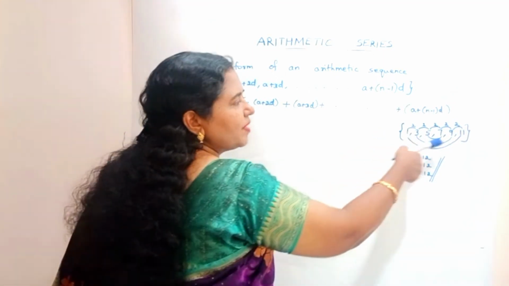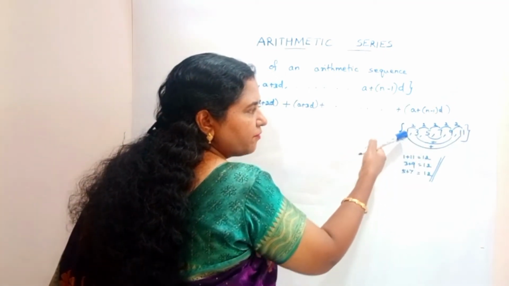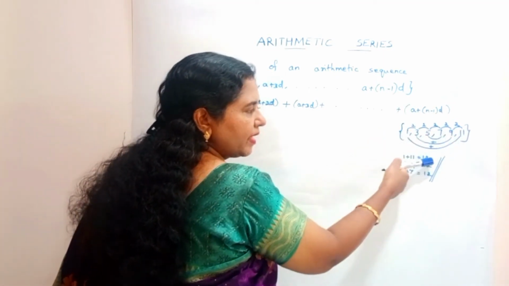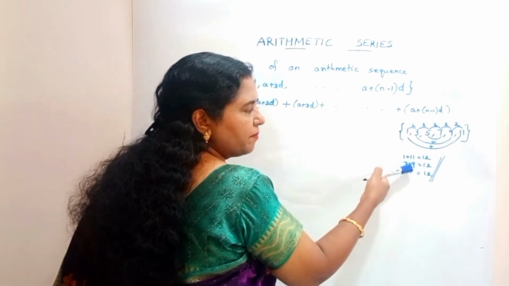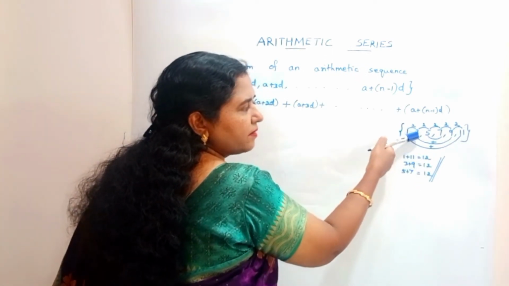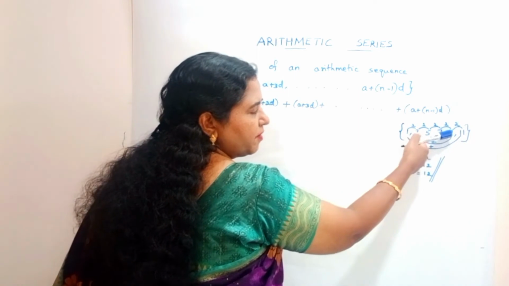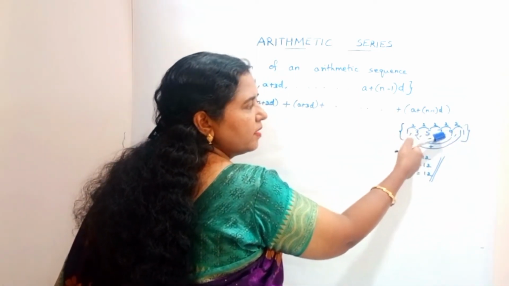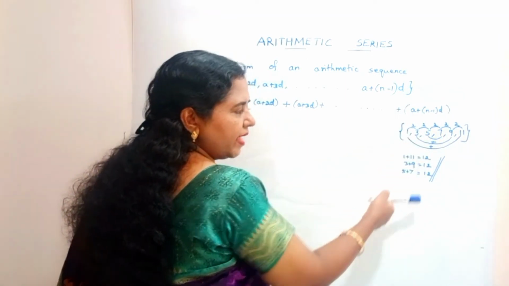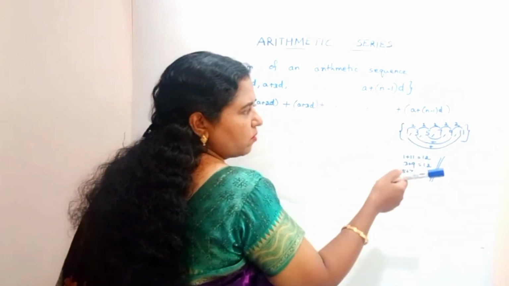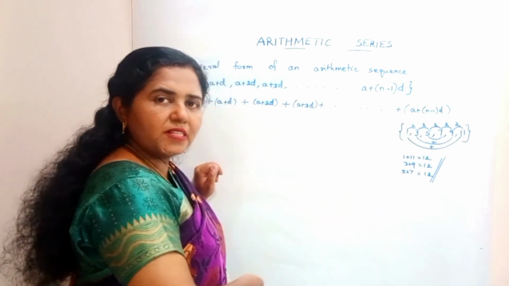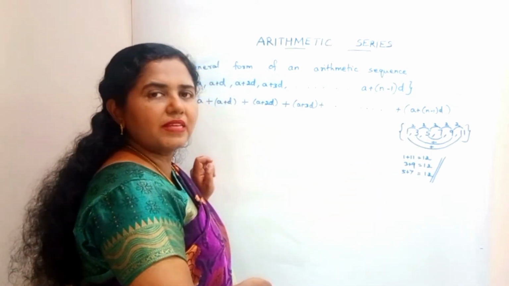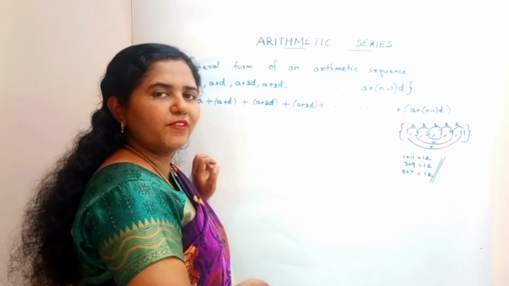Because of this concept, when we add the first and the last term, we get a sum, and that is the same as the sum obtained when we add the second and the last before term. And when we add the third term and the term before the last before term, we get the same sum. This goes on. This concept works for all arithmetic sequences, whatever the number of terms present.